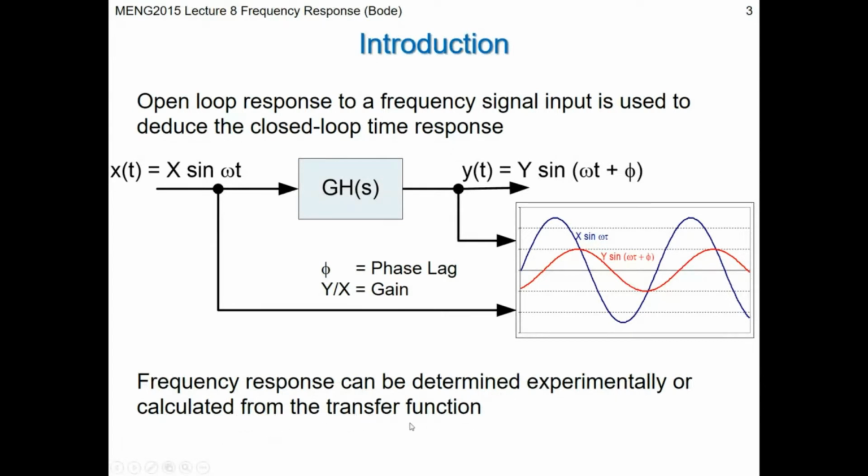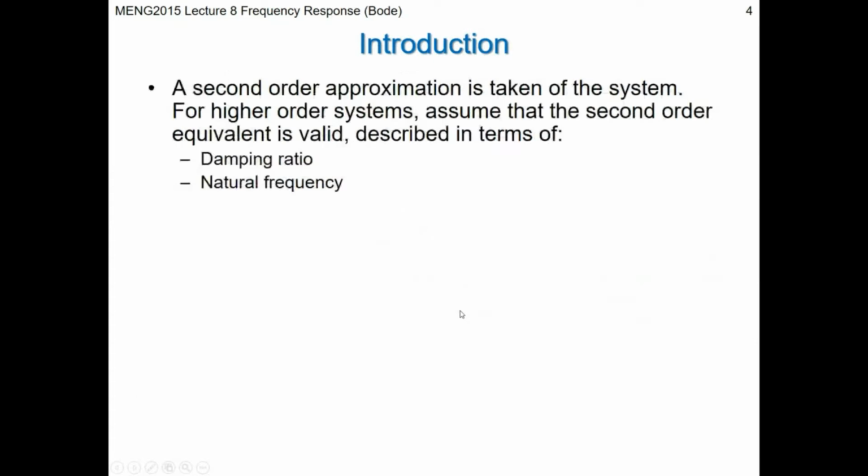So most of what we're going to do now is calculating our outputs, the signal from the system based on that input, and the relationship between the two is determined by that transfer function.